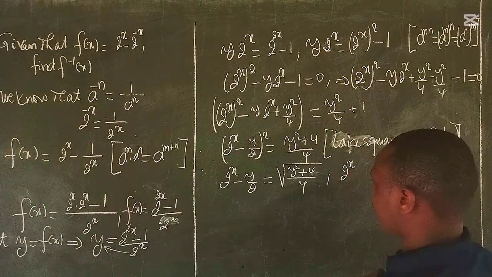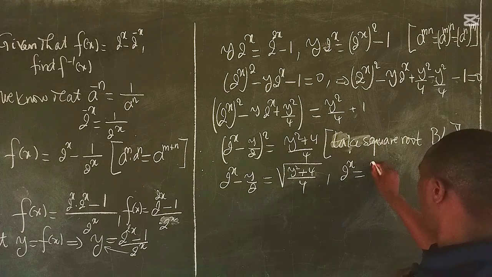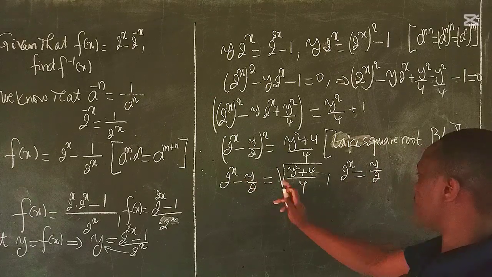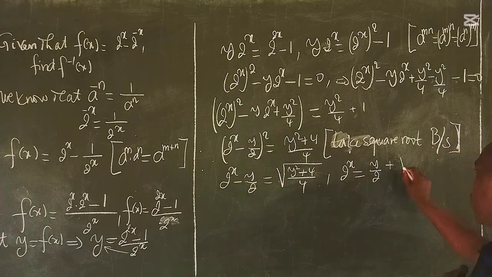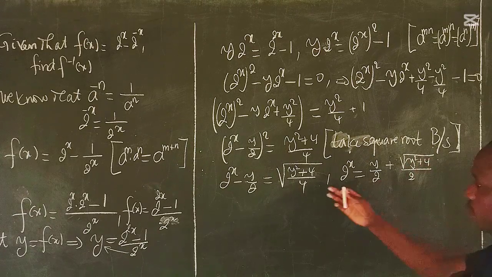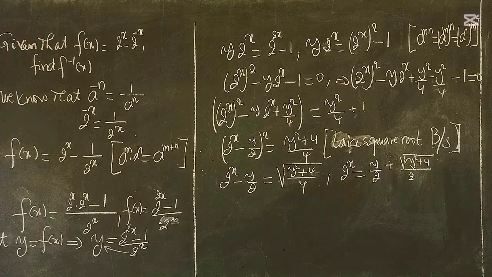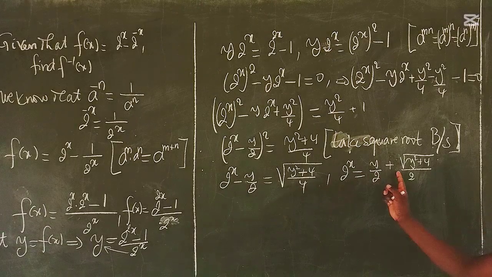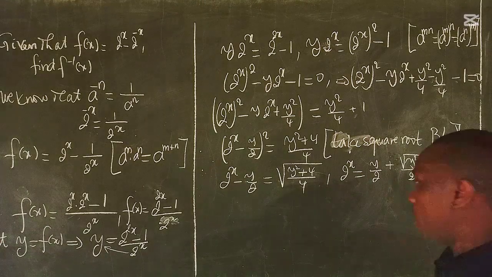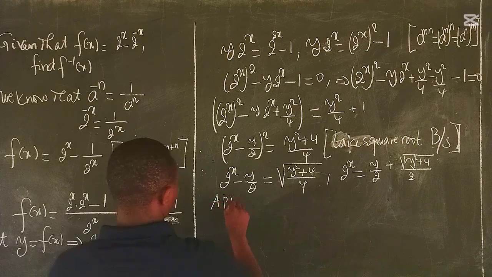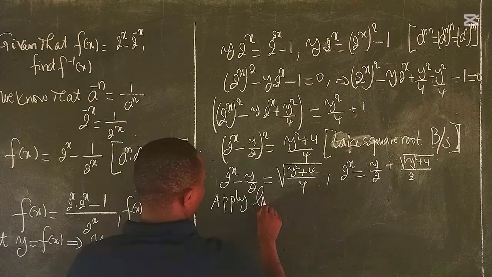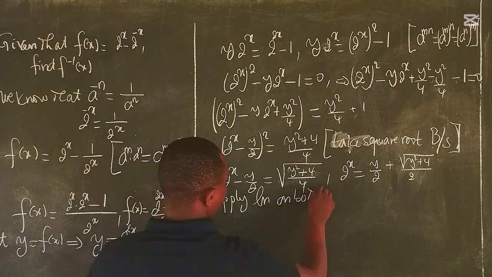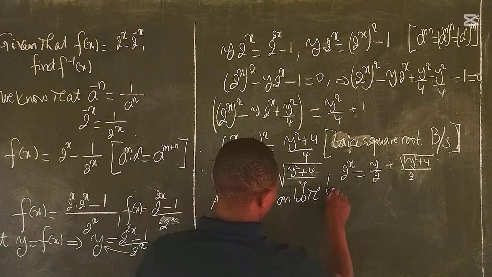Here, 2 power x will be equal to y over 2 plus the square root of y squared plus 4 over 2, because root 4 is 2. What we want to do is to find the value of x in terms of y. Let's apply ln on both sides.